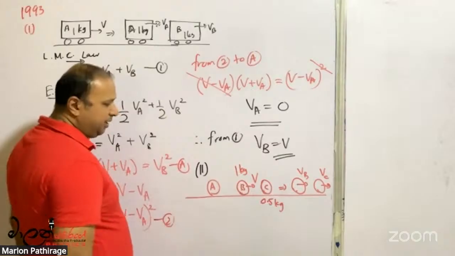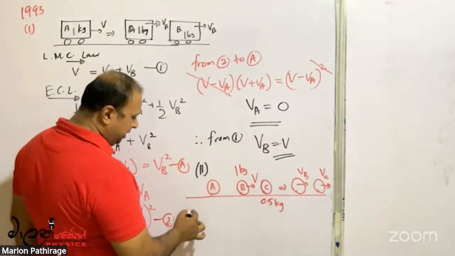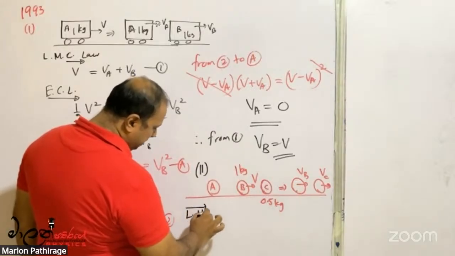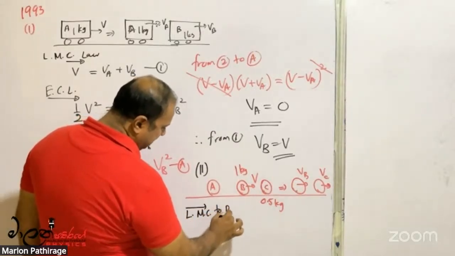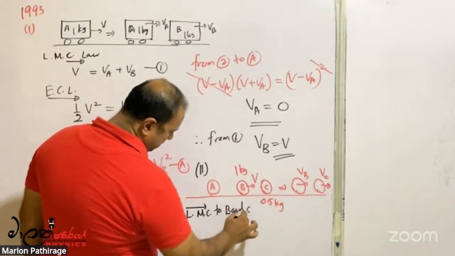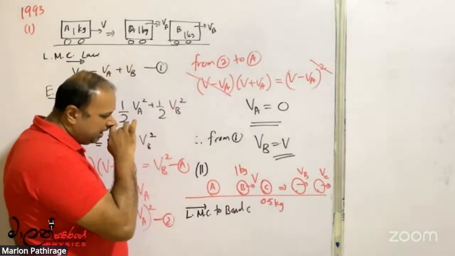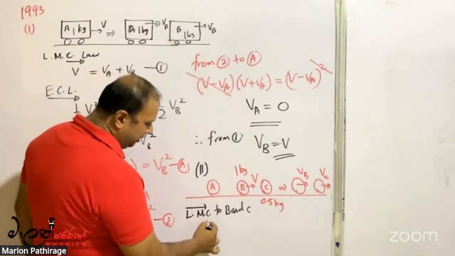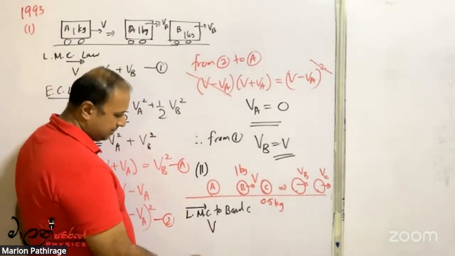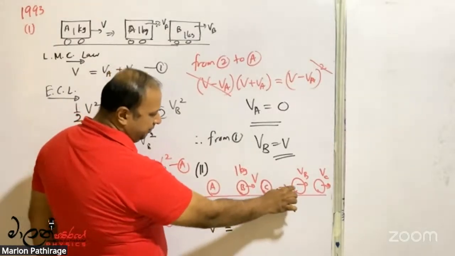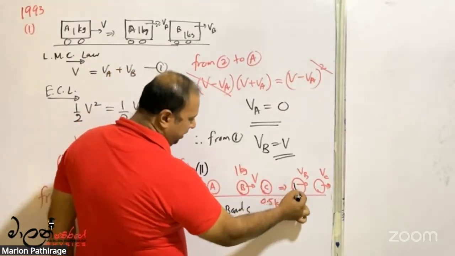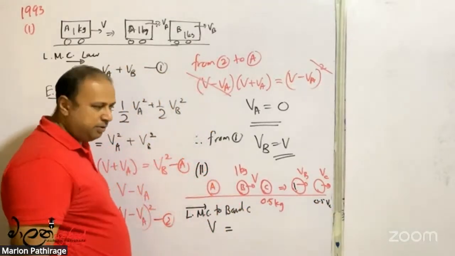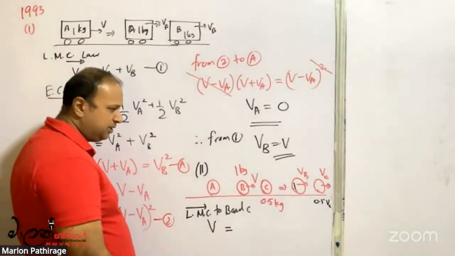Therefore, if I apply linear momentum conservation to B and C, to this side, initial momentum is 1 into V, that means V. Final momentum is 1 into VB plus 0.5 into VC.